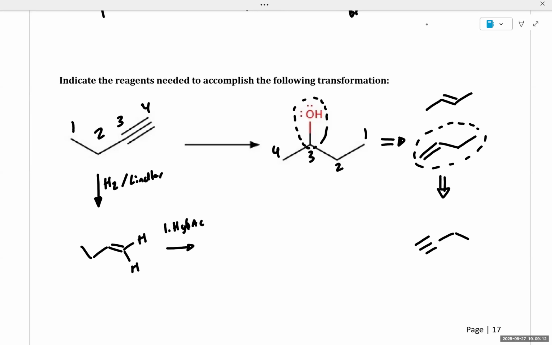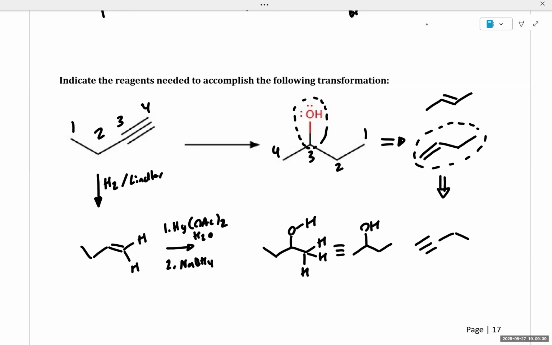So mercury acetate, let me make sure my conditions are accurate. Mercury acetate and water for the first step, and then sodium borohydride for the second step. That in turn yields an alcohol at the most substituted position, which directly matches the product that we were requested to prepare. Perfect.